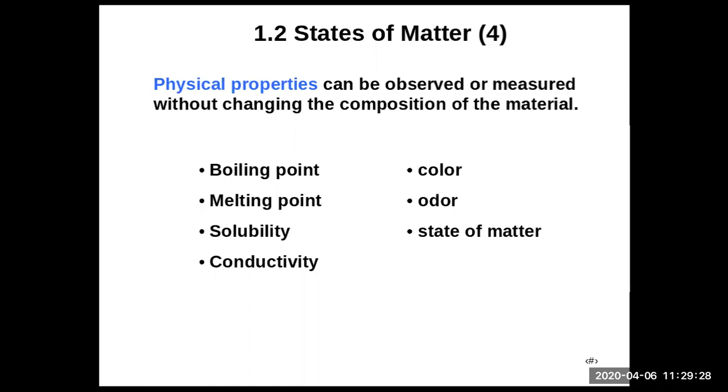When you are conducting electricity through copper, it is still copper while you are doing it, and it's still copper after you've done conducting electricity through it. So conductivity is a physical property. It does not change the composition of the material.